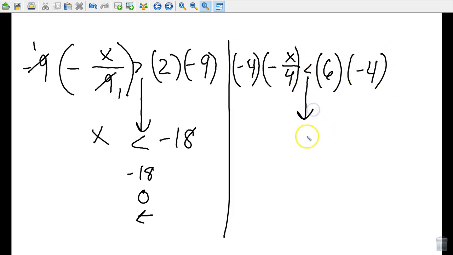This sign is going to change to greater than. This becomes just x, and this is 6 times negative 4, and that is negative 24. Okay, step 1, negative 24 on the number line. Step 2, open or closed, it is open. Step 3, variable on the left side, so my arrow is pointing to the right. So I go to the right.